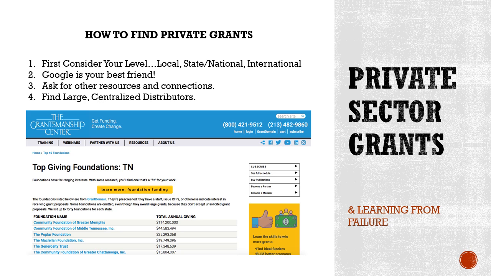And as I mentioned before, the Community Foundation of Greater Memphis and the Community Foundation of Middle Tennessee, which are separate organizations, operate as a resource and networking hub through which much money within the state of Tennessee for nonprofits is distributed. And so they have been a very helpful resource for the NAIA in terms of finding grants to which we can apply.